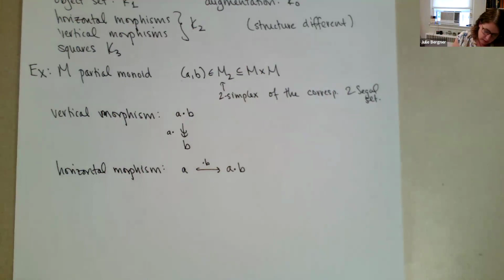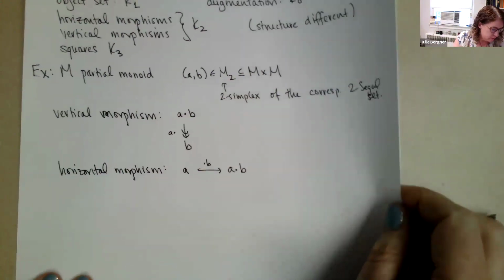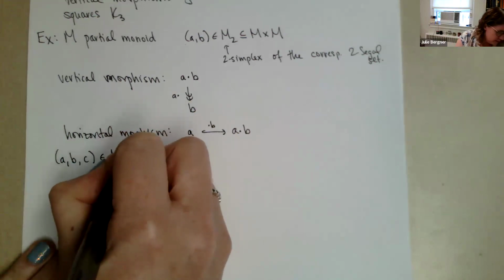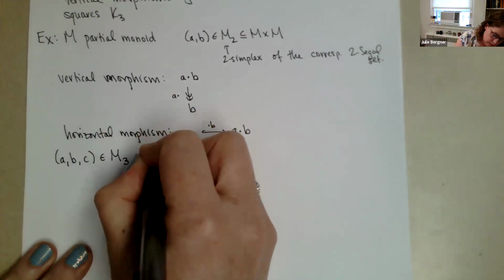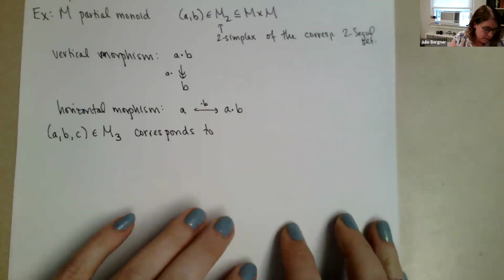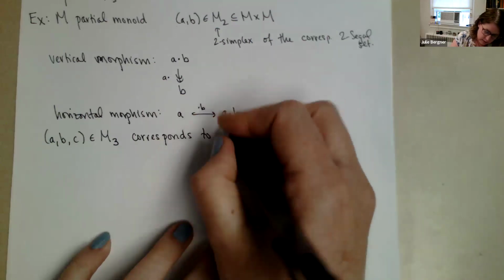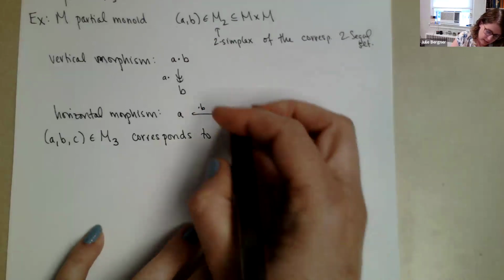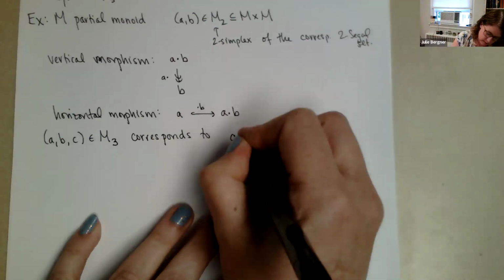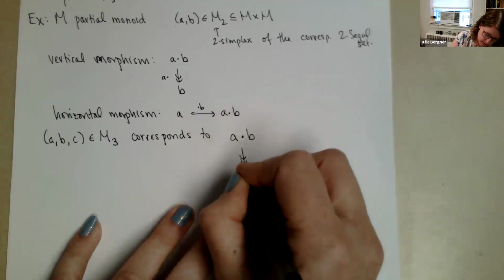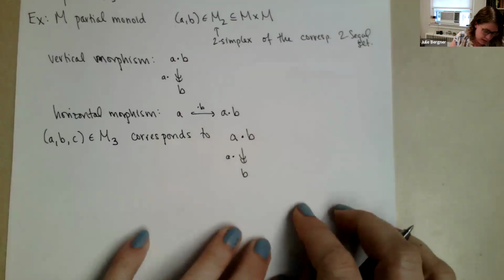And then let me say a word about the squares. If I have a three-simplex (A, B, C) in M3, this should correspond to a square. I'm assembling it as I can here. I get A dot B down to B, this is this little A dot.